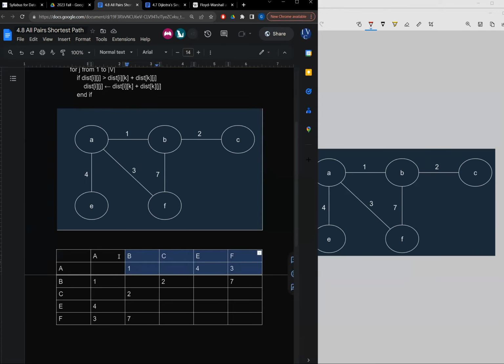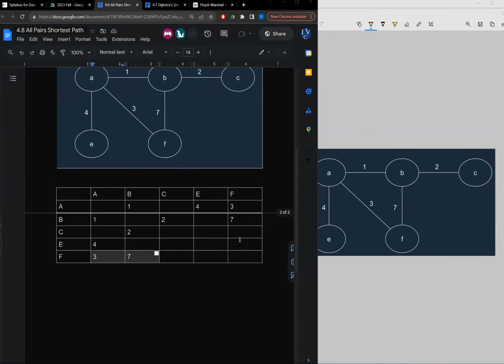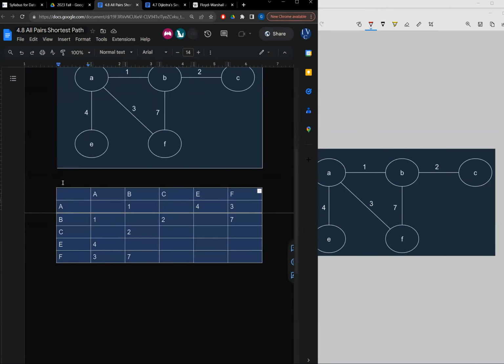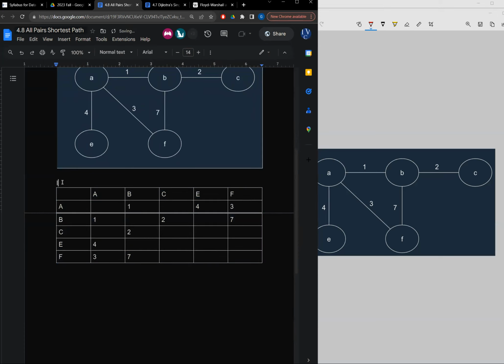Should give us 10 entries. 3, 6, 8, and 10. So that should cover us for what we are doing here. Now, this is our in-memory representation of the graph.